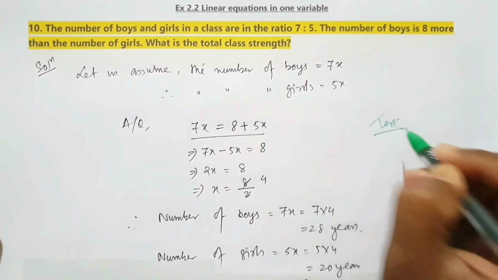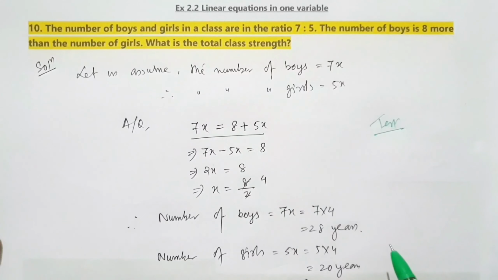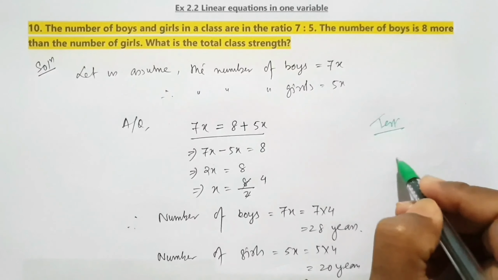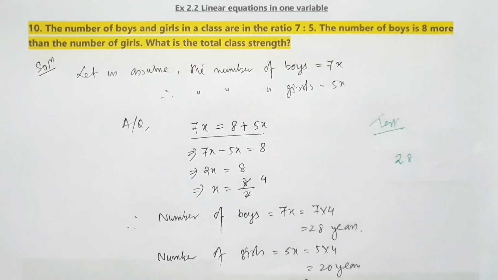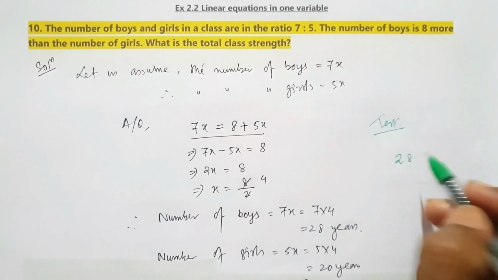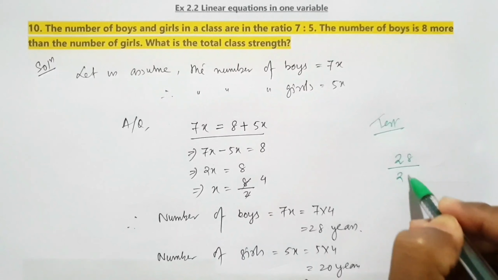Once you go for testing the answer, whether it is correct or not, what do they say? They say that the number of boys and girls are in the ratio 7:5, and the number of boys is 8 more than the number of girls. It means the number of boys we got is 28 and the number of girls we got is 20. So let us find out the ratio of 28 by 20.